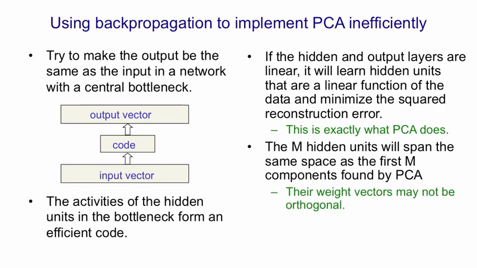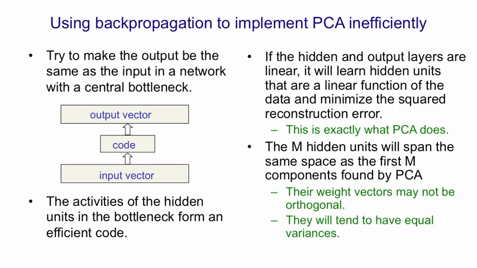So the incoming weight vectors of the code units, which represent the directions of the components, may not be orthogonal, and unlike principal components analysis, they will typically have equal variances. But the space spanned by the incoming weight vectors of those code units will be exactly the same as the space spanned by the m principal components. So in that sense, this network will do an equivalent thing to principal components.